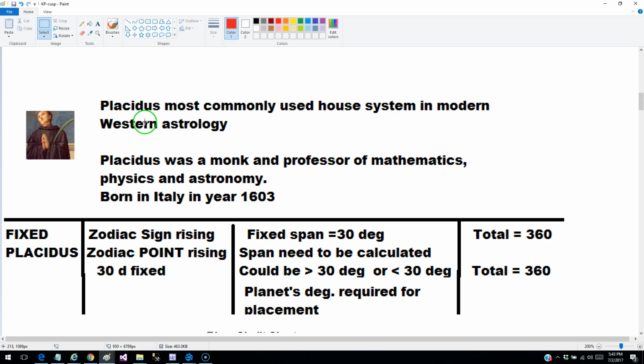He propounded this house division system, which is known as the Placidus house system. Now, in Western astrology there are many different house systems, but Placidus is one of the most popular. So Krishnamurti adopted the Placidus house division system into his method.